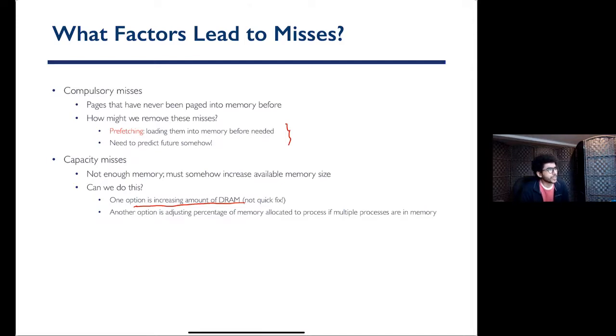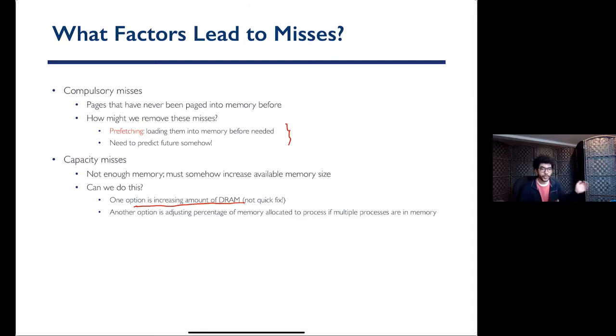I got a question here. It says, how does the operating system prevent compulsory misses on system startup? Yeah, I mean, sometimes those are unavoidable, right? Now, if you remember, we talked about the boot up of your system, and one of the first things that happens is that your bootloader is going to bring the kernel image to memory.